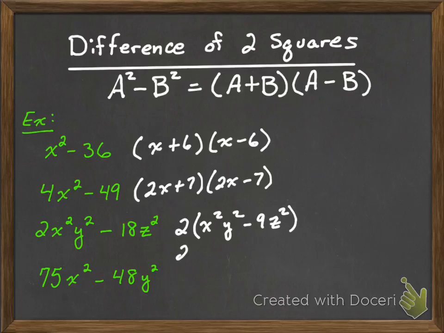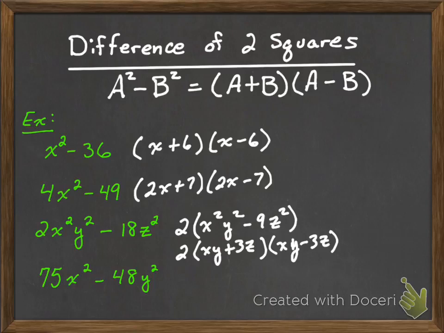So the factoring comes down. The 2 will still stay outside of the parentheses. You're going to have xy plus 3z and xy minus 3z, and that will be our factoring for this.